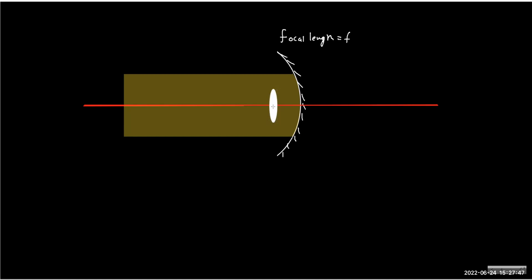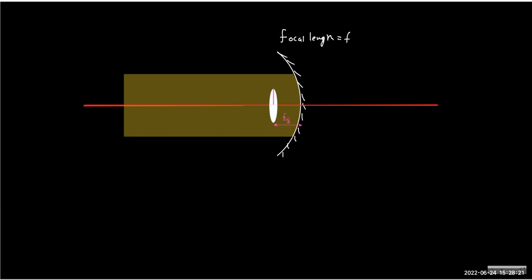The radius of the coin is unknown. And the coin is kept at a distance of, let's call it f by 3.